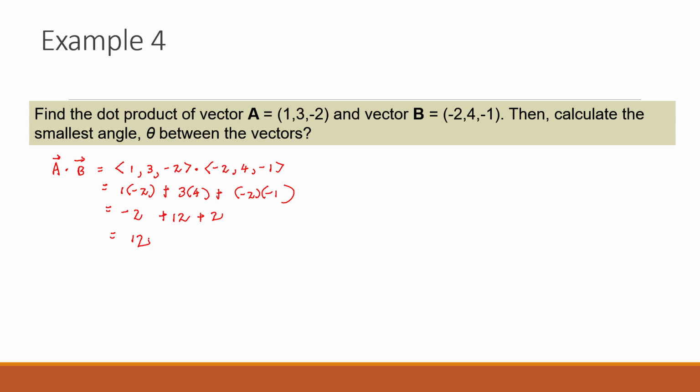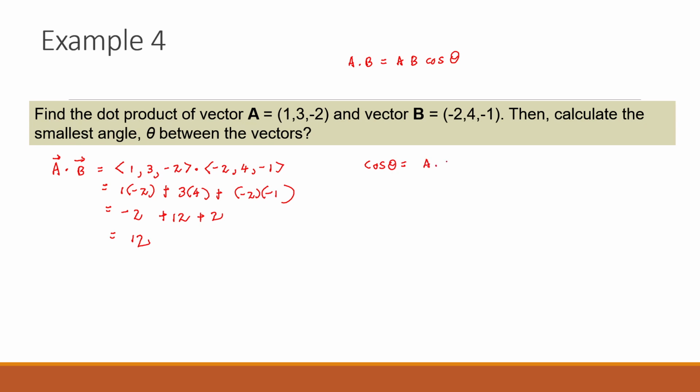And then calculate the smallest angle theta between the vectors. So you have cos theta, because A dot B is actually AB cos theta.